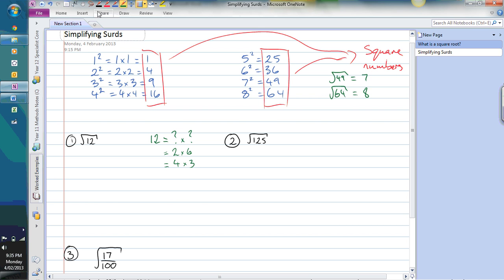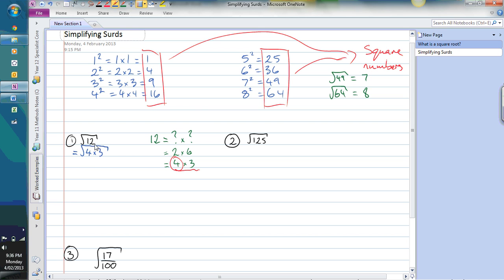This is actually going to be my better choice. And the reason I want to choose this one is it's got this lovely 4 in it. And if you look up here, 4 is in my list of square numbers. So what I'm going to do is I'm actually going to rewrite this square root of 12 as the square root of 4 times 3.